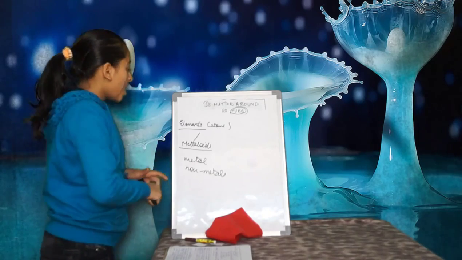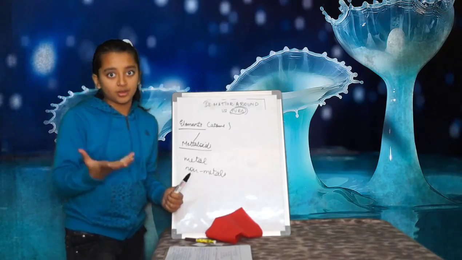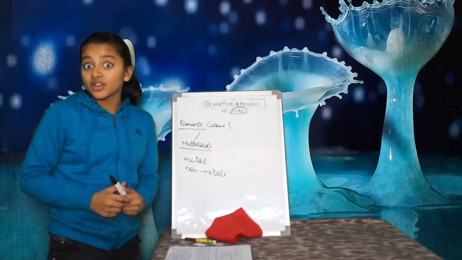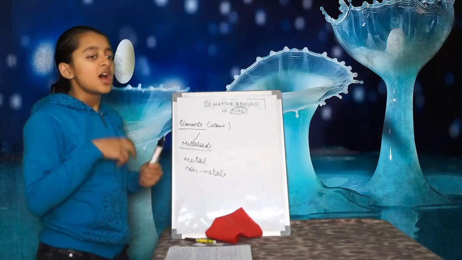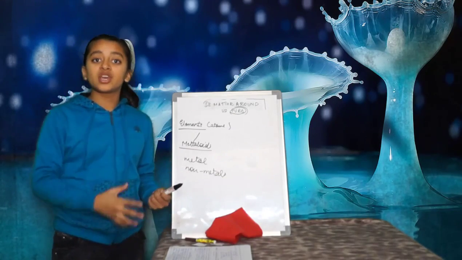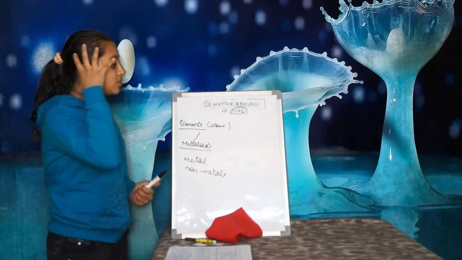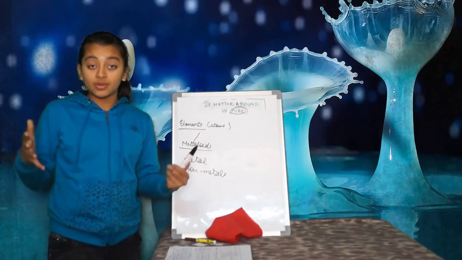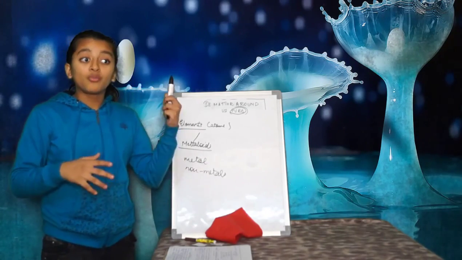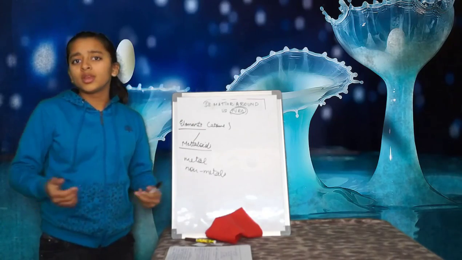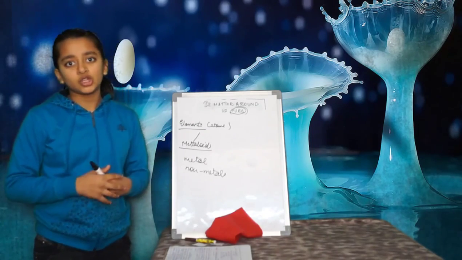So this was my explanation for metalloid, and I think you must have understood by now what a metalloid is. A metalloid is a substance which has intermediate properties between the metals and the non-metals, which means that it can have the properties of both metal and non-metal, or either one, depending upon its nature.